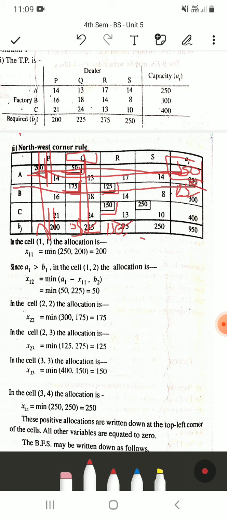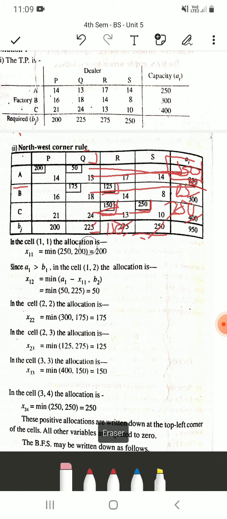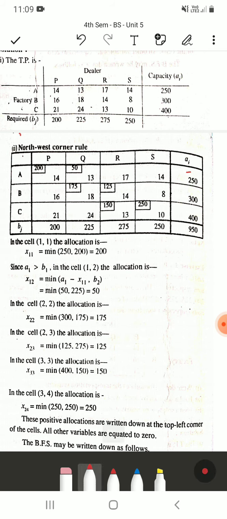Among 400 and 150, whichever is minimum, write it in this box. So it is 150. Again this is also exhausted and 400 minus 150 is 250. In the last box you can see the requirement is 250 and the remaining capacity is 250. Therefore allocate it as 250. So this is how you have to make the allocations. The complete explanation is given here.